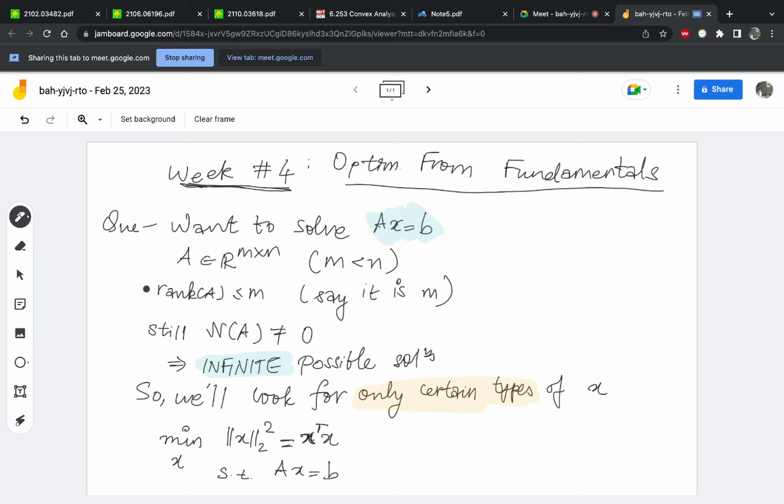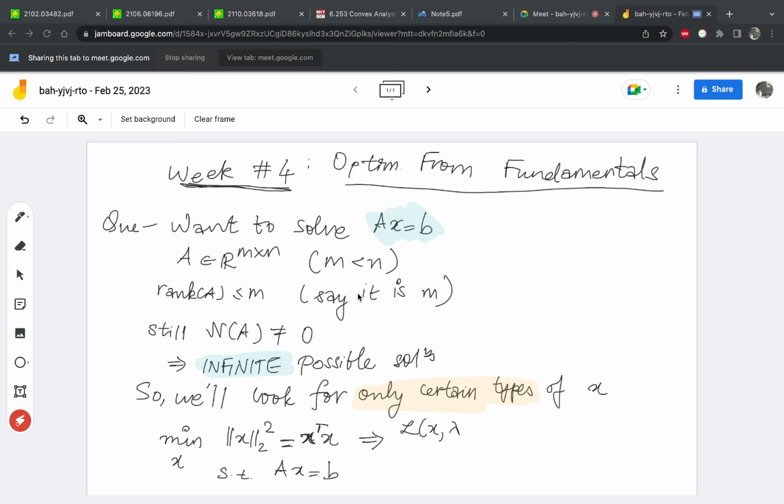So just as an application of what we have learned, so our Lagrangian, so here there is only one constraint, or actually okay, sorry about that, let me, okay, hold on.